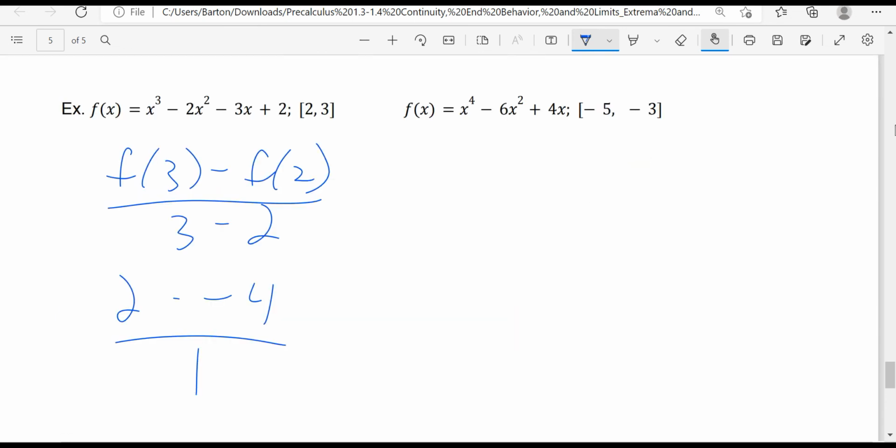All right, we're going to do the one on the left first. f of 3 minus f of 2 over 3 minus 2. I did the formula. f of 3 is equal to 2, and f of 2 is equal to negative 4. And 3 minus 2 is 1. So 2 minus negative 4 gives 6 over 1, which is 6 for your solution.